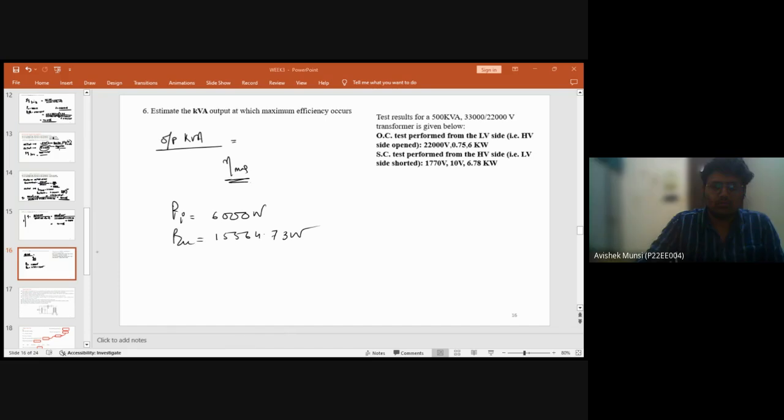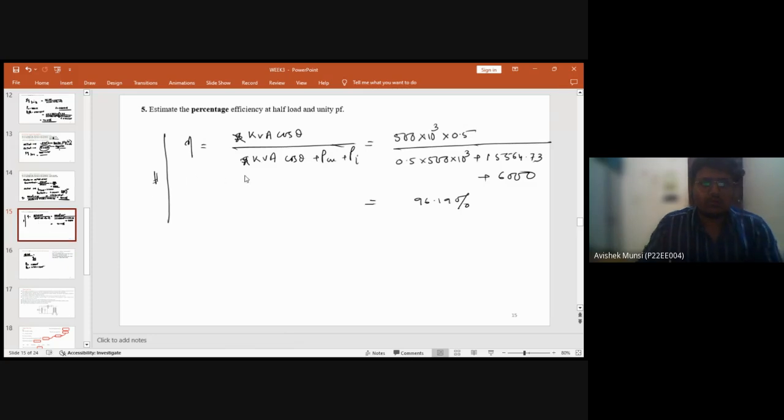Yeah, the fifth question, we have to calculate the percentage efficiency at half load. So at half load, x should be 0.5, that is half, and cos theta is given as unity, that is 1.